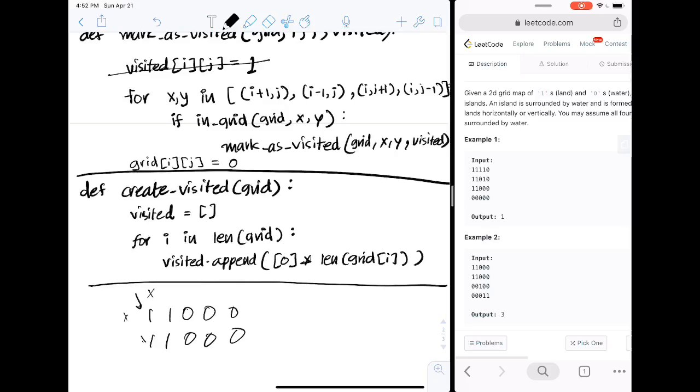So I go here, this is in grid, this is in grid, and then this. That's the problem. I guess that wouldn't solve it, because when I go here, I'll try to go back here and this is still marked as 1.